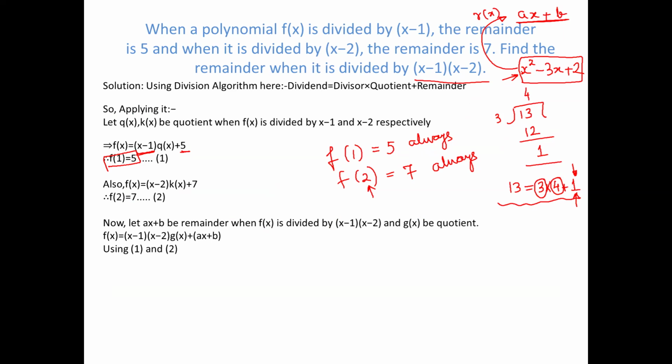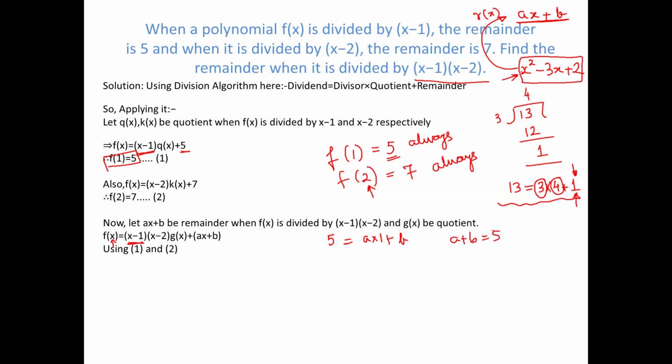b. Substitute the value 1 in this equation. In case you substitute 1 here, 1 minus 1 will be 0. We already have the value of f(1), so we will get 5 equal to, this part will be 0, a multiplied by 1 plus b. So a plus b will become equal to 5.